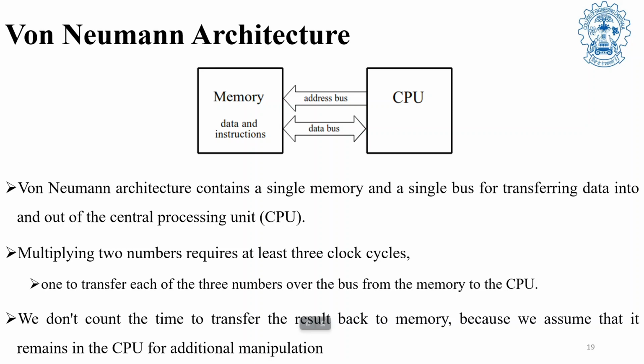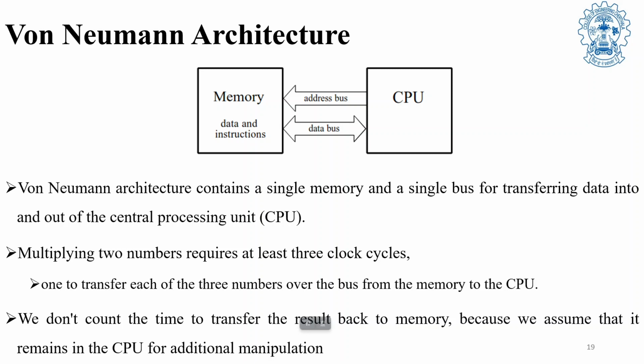Multiplying two numbers requires at least three clock cycles, one to transfer each of the three numbers over the bus to the CPU from the memory.